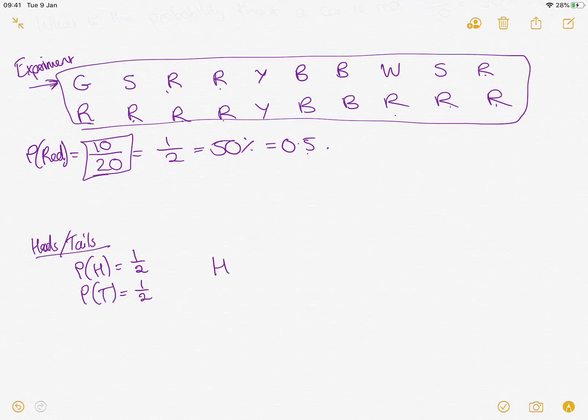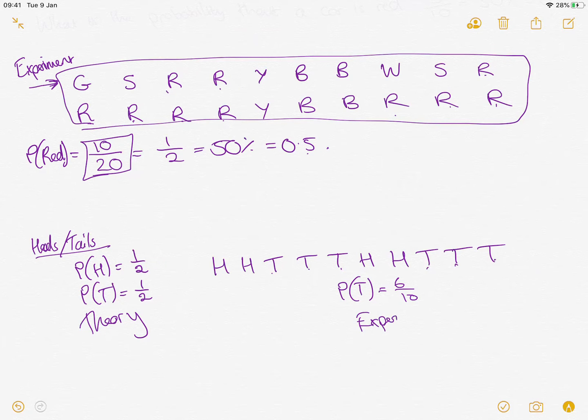I might, for example, get a sequence might go 1, 2, 3, 4, 5, 6, 7, 8. Might go like that, and I can see that my relative frequency or experimental probability to get a tail is 1, 2, 3, 4, 5, 6. There I've got 6.